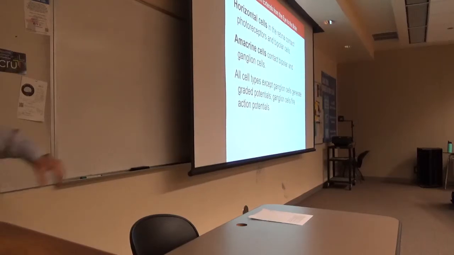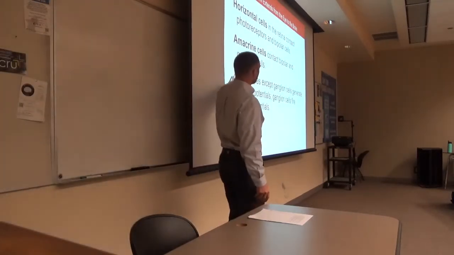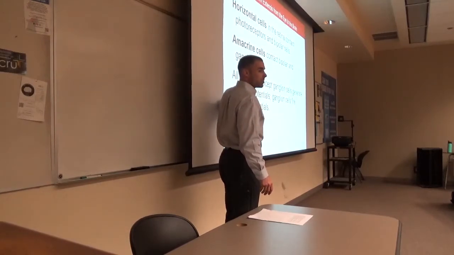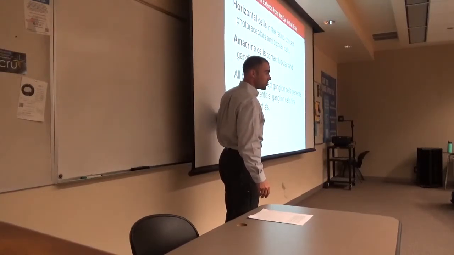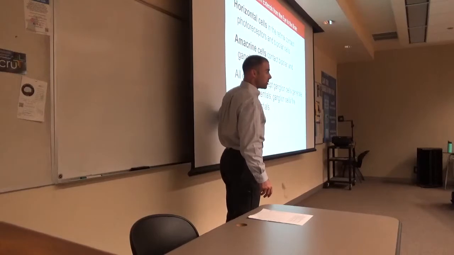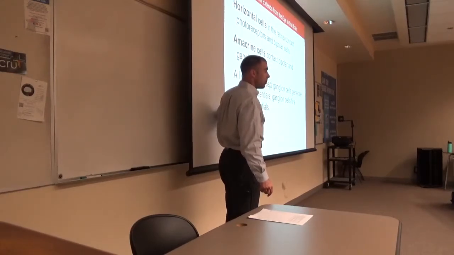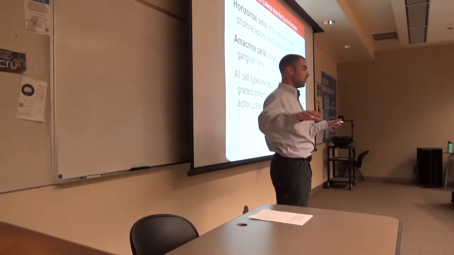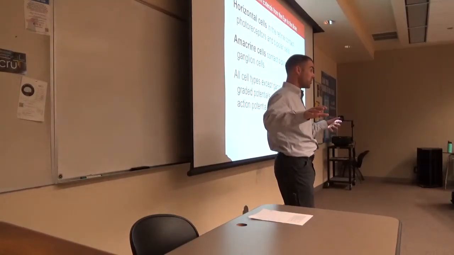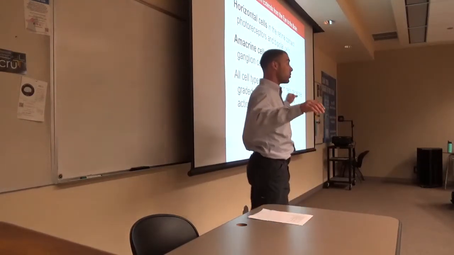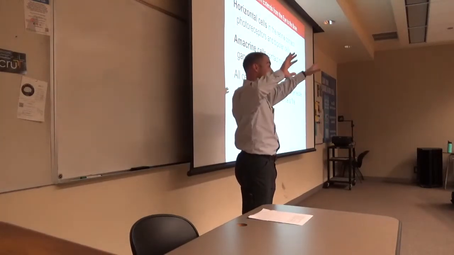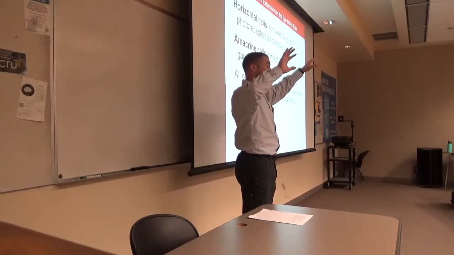And we're going to talk about this idea that all of our cell types are going to generate graded potentials. Just like we introduced a few minutes ago, the only place action potentials are happening are in the retinal ganglion cells. They're the ones actually sending information. You remember we talked about this army analogy last class with convergence and divergence. So the photoreceptor cells, the bipolar cells, they're kind of like the privates out in the field, the enlisted guys.